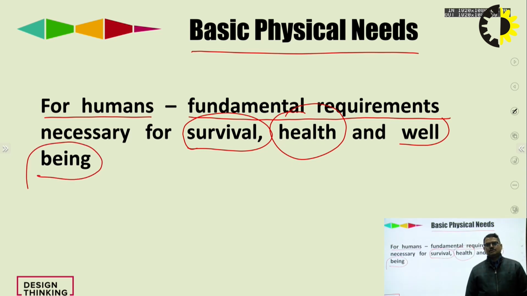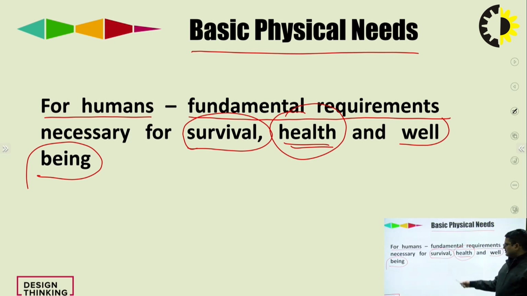All our actions are basically triggered so that we can ensure our survival. And for a good survival, you can say, we are always concerned about our health. It is a very old saying that health is all the wealth.